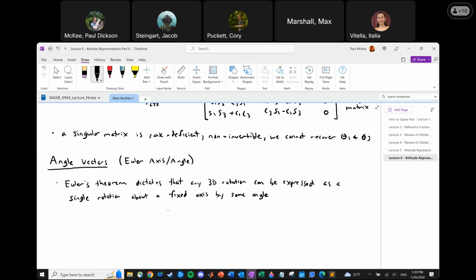So now we're not saying what's the roll, what's the pitch, and what's the yaw to get from before to after. Now we're saying what's the axis and what's the angle.